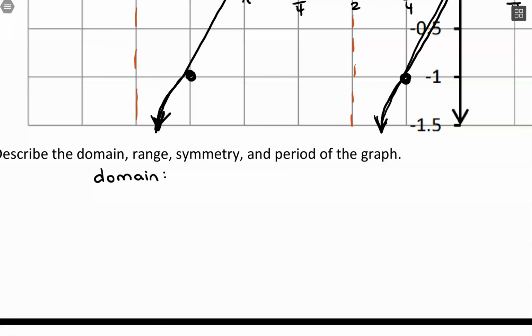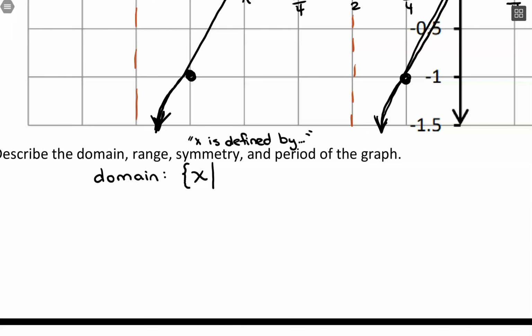For set notation, we use these curly brackets, and then we state what our variable is. The variable that we're plugging into our function, which in this case is x, and then we use this tall line. How that's read is "x is defined by." That's what the tall line means.